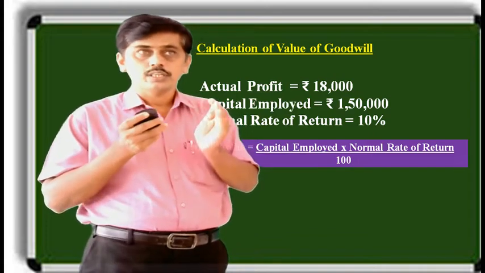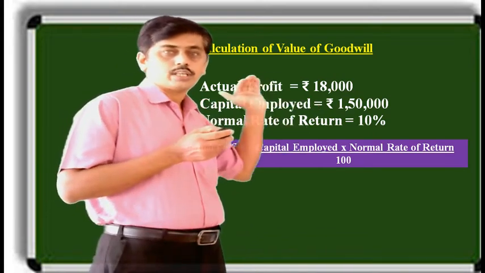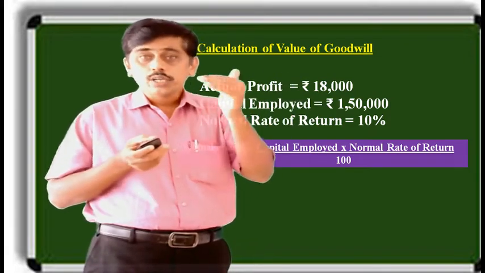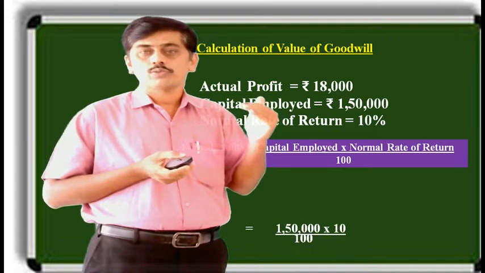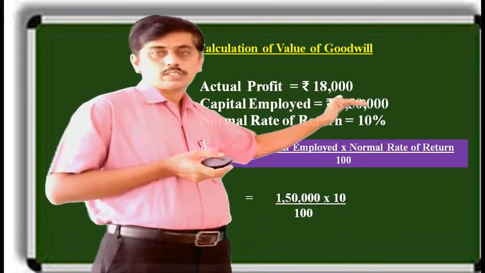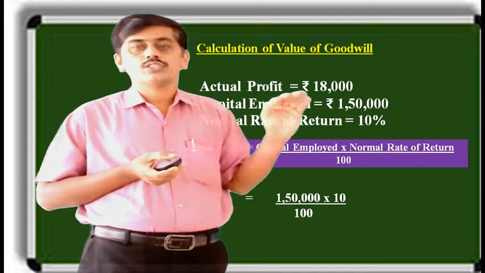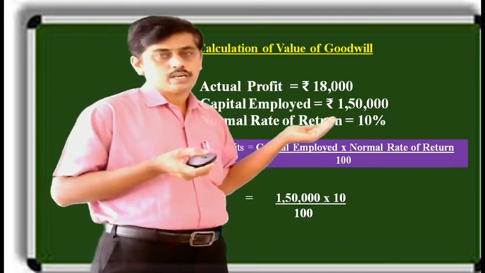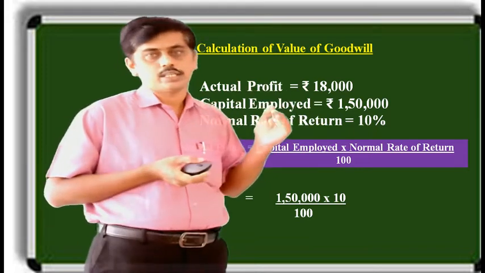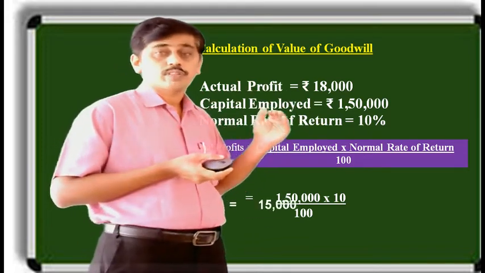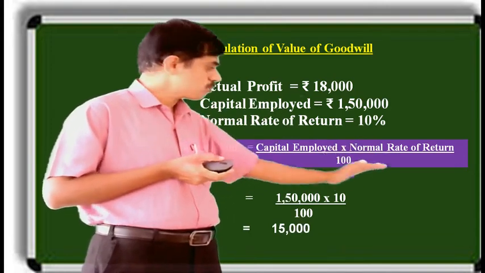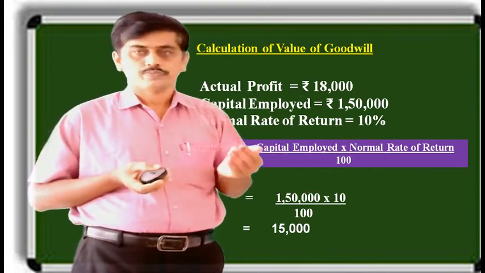Putting the values in the formula, capital employed is 1,50,000 and normal rate of return is 10%, meaning 10 by 100. 1,50,000 into 10 by 100 comes to 15,000.